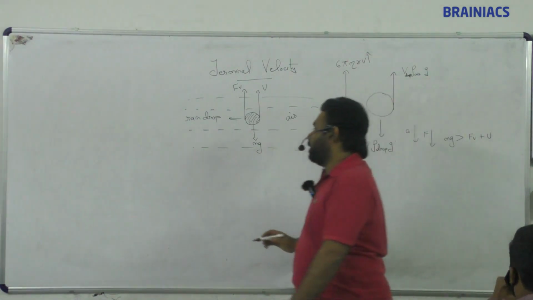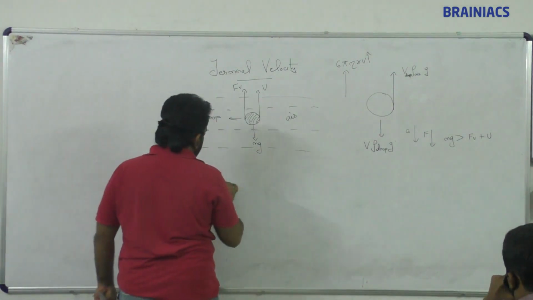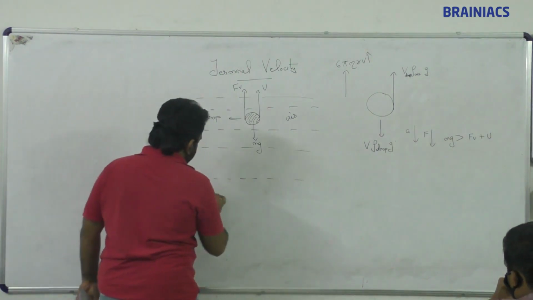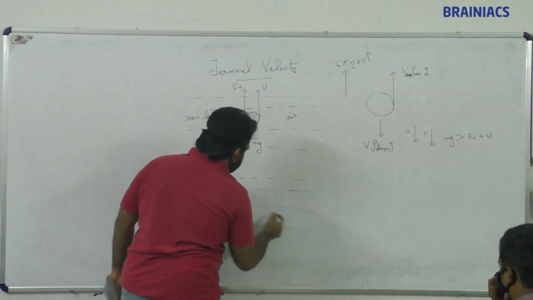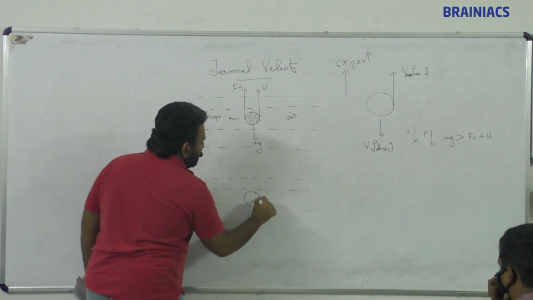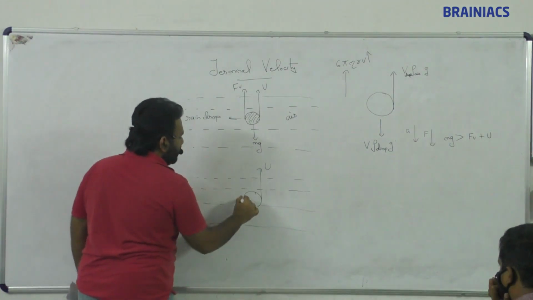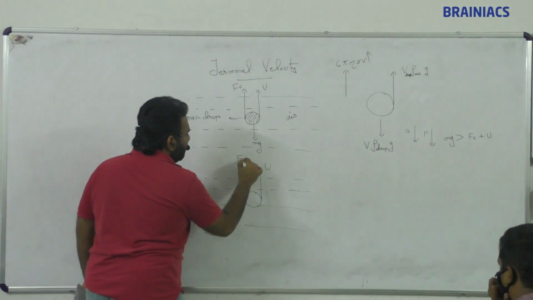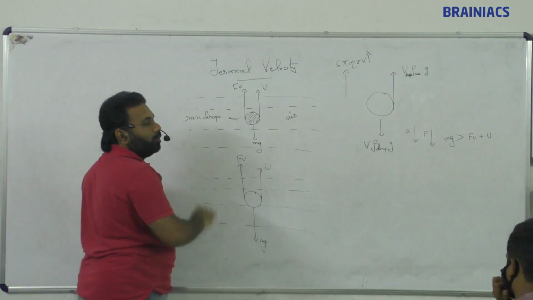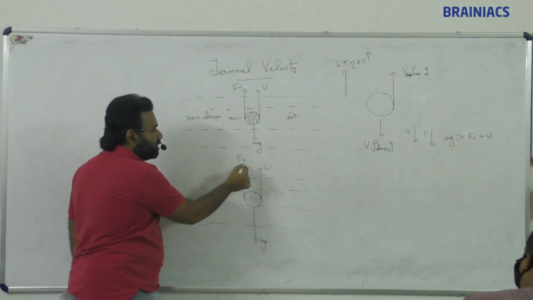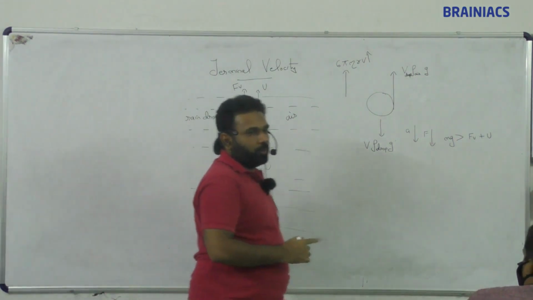At one point, this upthrust, this Fv and this mg will come into equilibrium, because only this is varying.